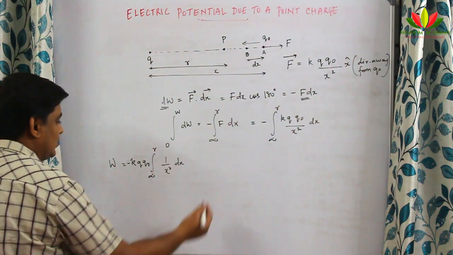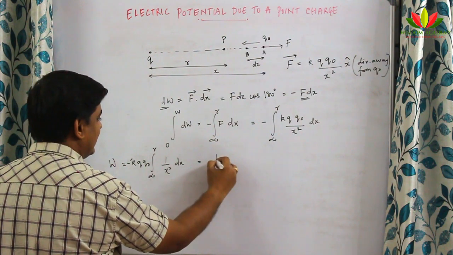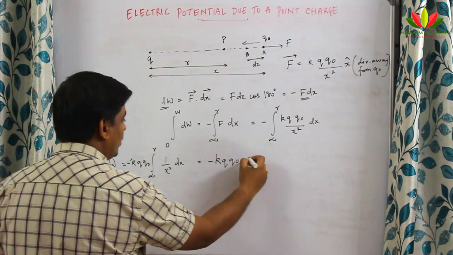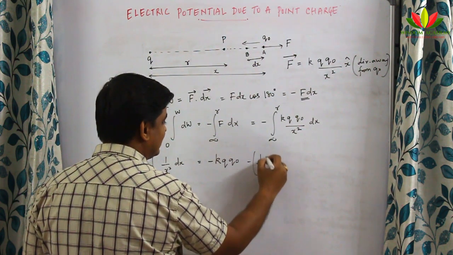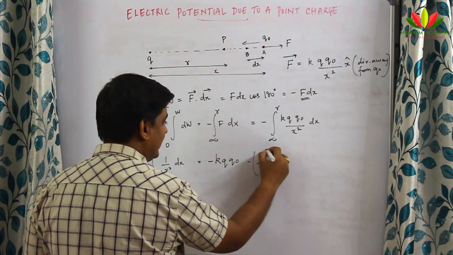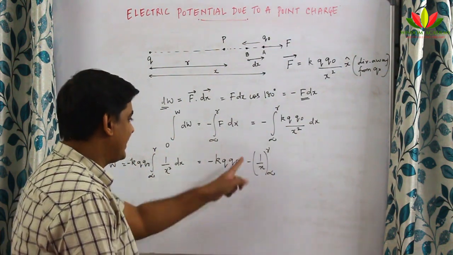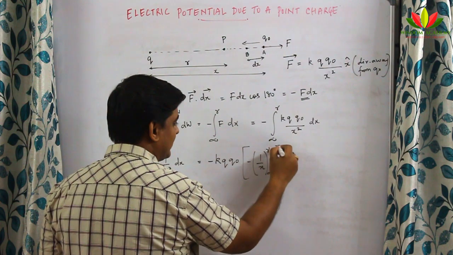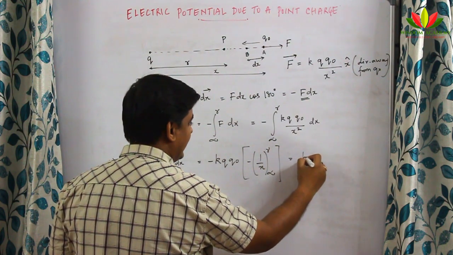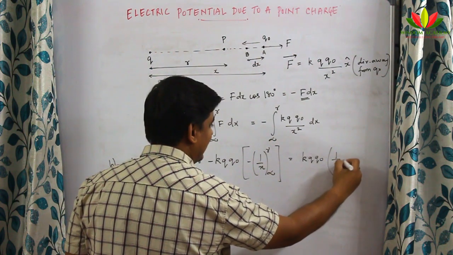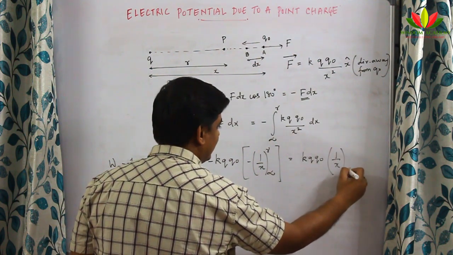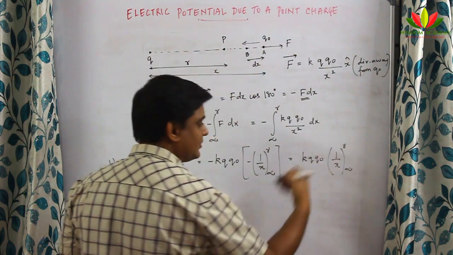So I'll get minus k q q naught into minus 1 by x, and the limit is from infinity to r. Now this minus becomes plus, so I get k q q naught 1 by x, limit infinity to r.